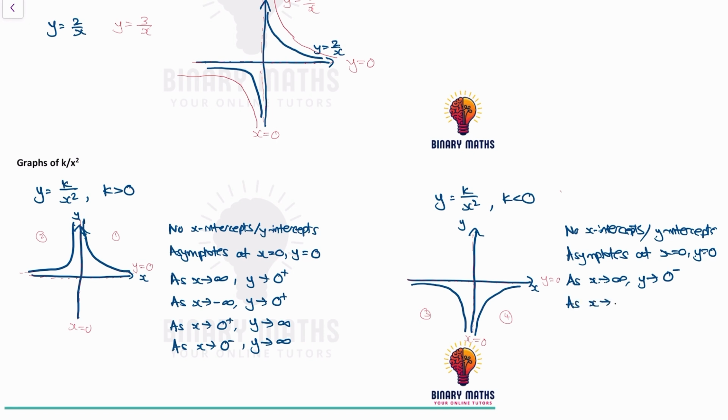As x tends to negative infinity, y is still tending to 0 from the negative part again. As x tends to 0 from the positive part, you can see y is tending to negative infinity, and as x tends to 0 from the negative, y is still tending to negative infinity.